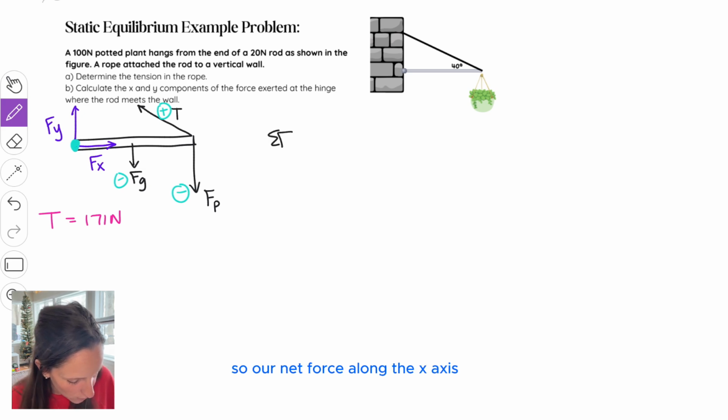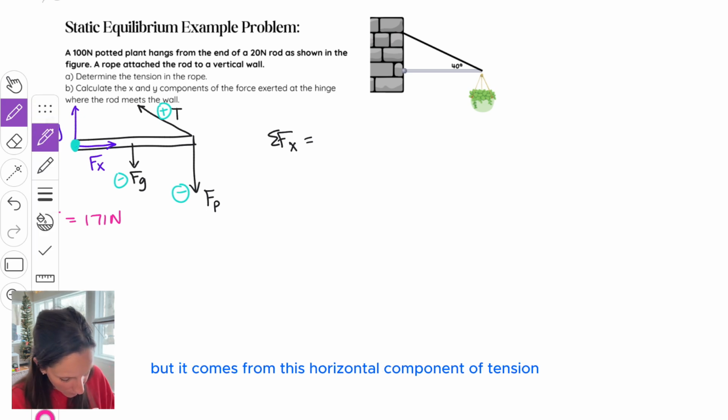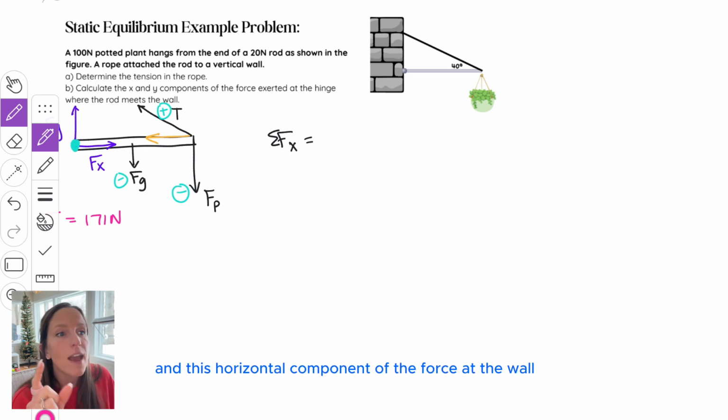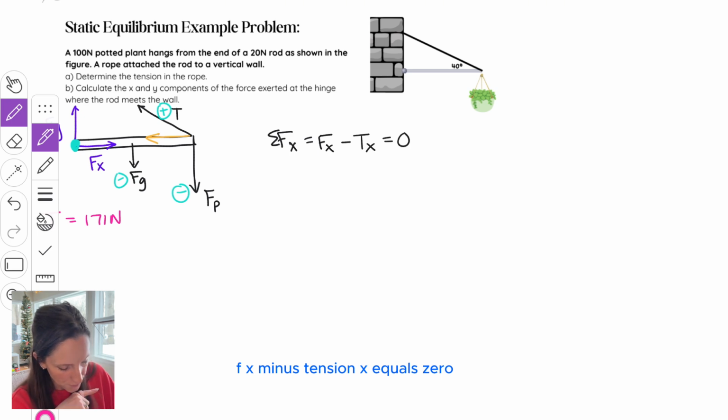Our net force along the X axis has to be equal to 0, but it comes from this horizontal component of tension and this horizontal component of the force at the wall. So we'll write that as Fx minus tension X equals 0.